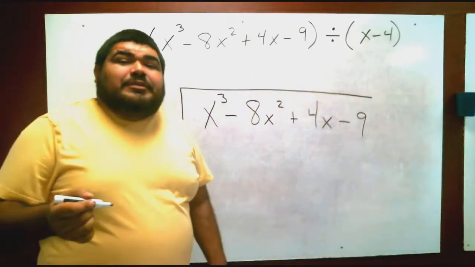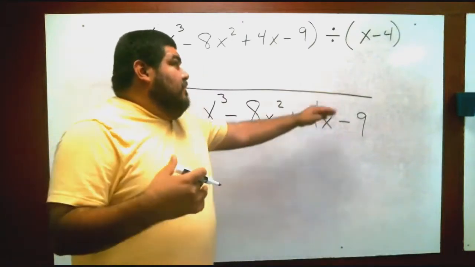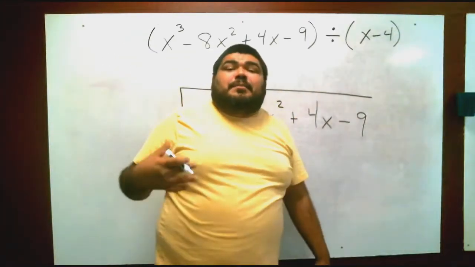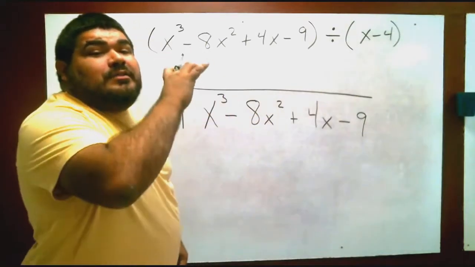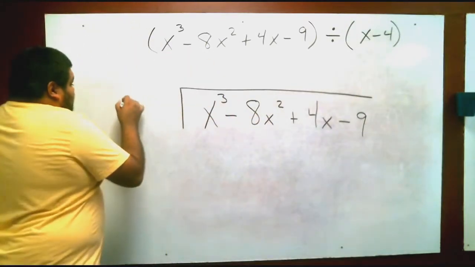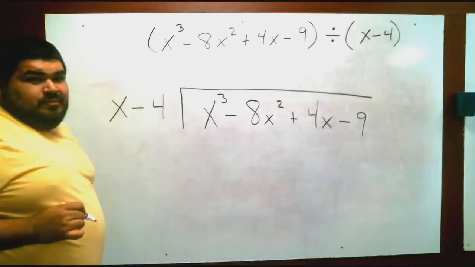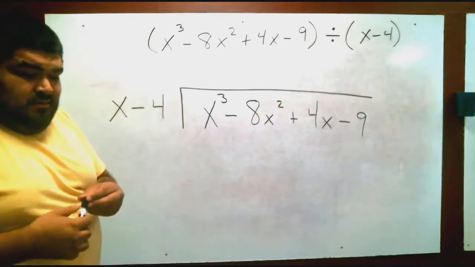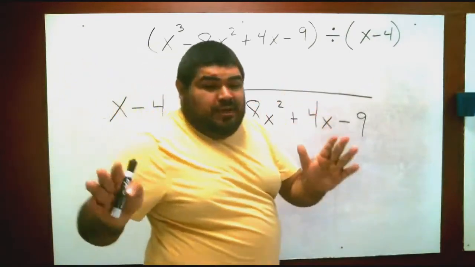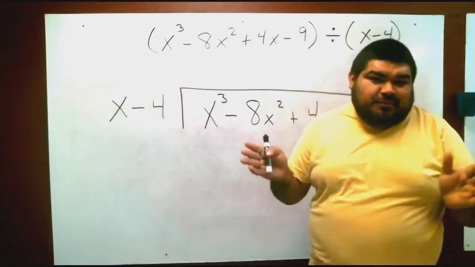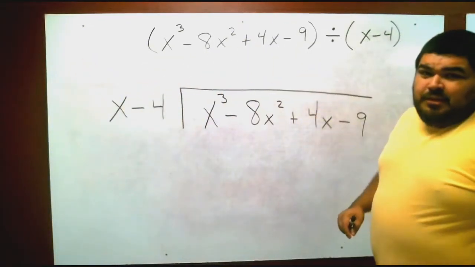Now the numbers that are being divided by go on the outside. So we have x minus 4, okay? All we did was just set it up, okay? I haven't done anything. Pretty much all I did is plug it in. Make sure you write it down.